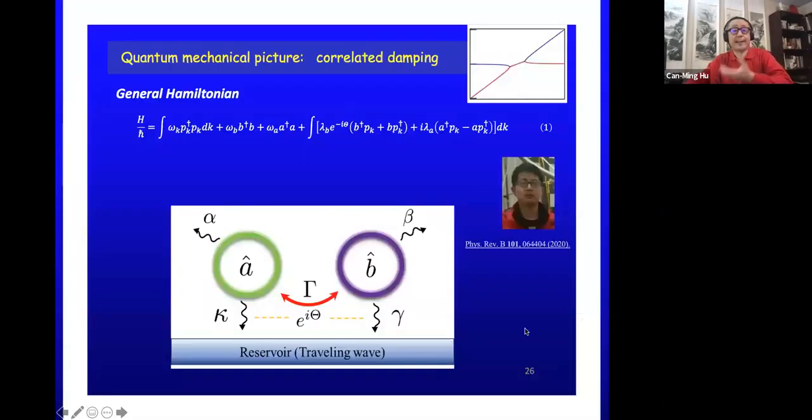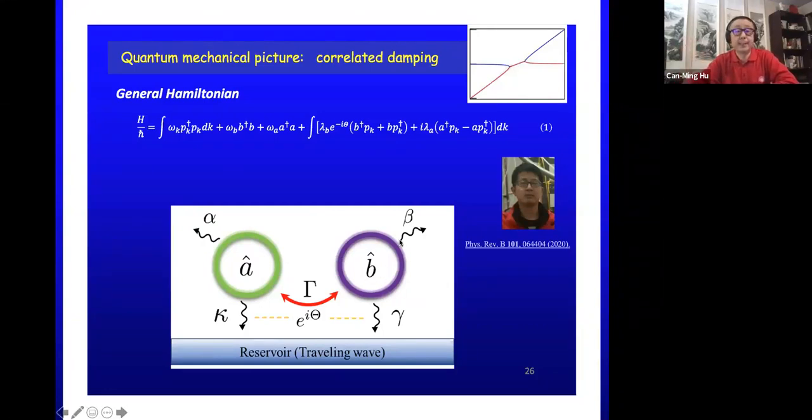So how to understand that? Well, as I told you, the Kvt system we have includes not only the standing wave mode, but also a traveling wave mode. And this traveling wave has a very important role in this kind of coupling. And suppose you have another mode, this magnon.